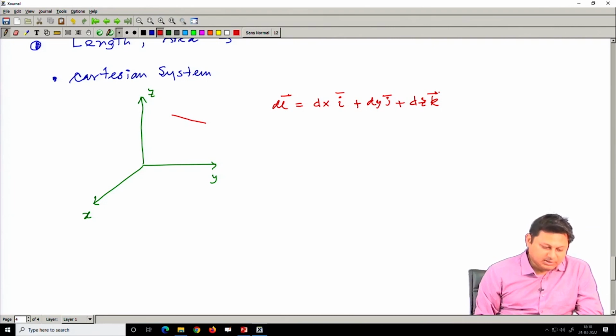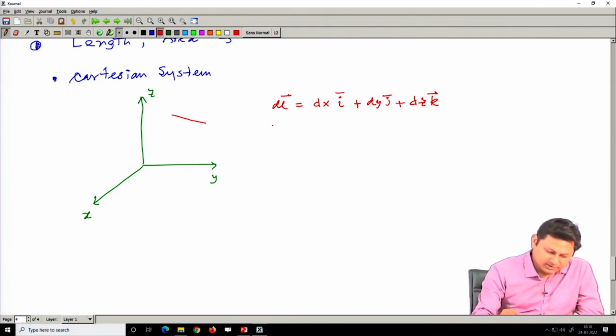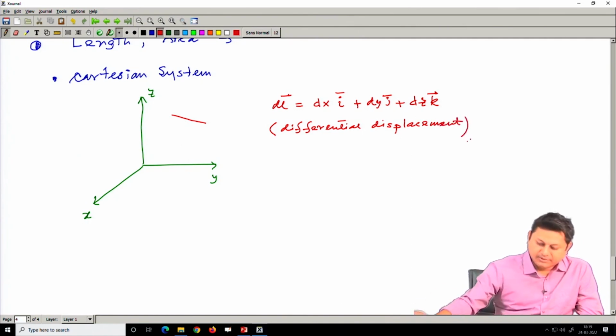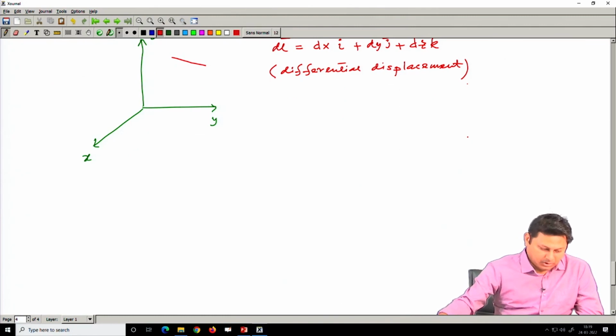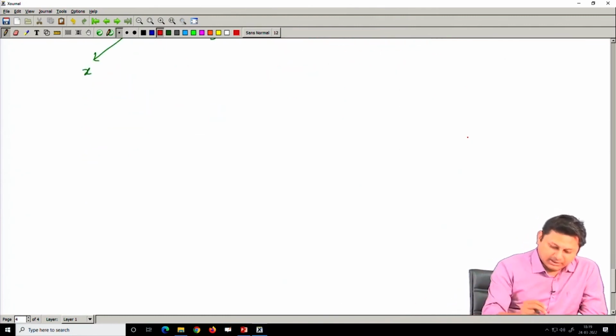This is simply the differential, and it is called the differential displacement. Well, what is the surface element then? Length element we understand; now the surface element.